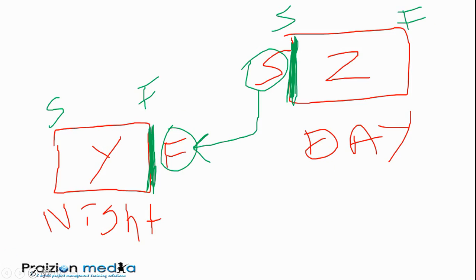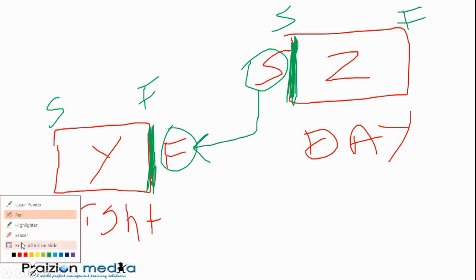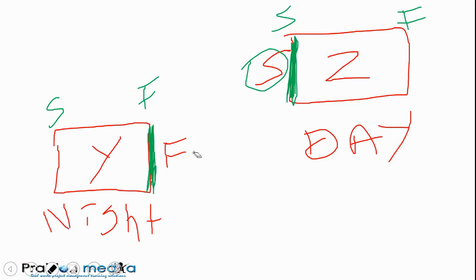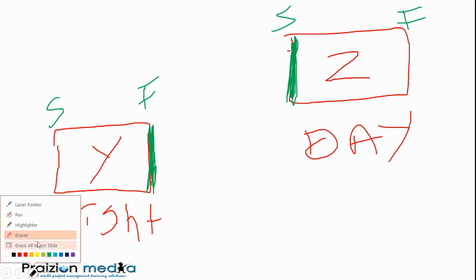We're going to do this. We're going to make this relationship dependent on something else. Because in most of these situations, the night guard needs to show up before the day guard leaves. So we can also show that relationship. Let me show you what that relationship would look like.